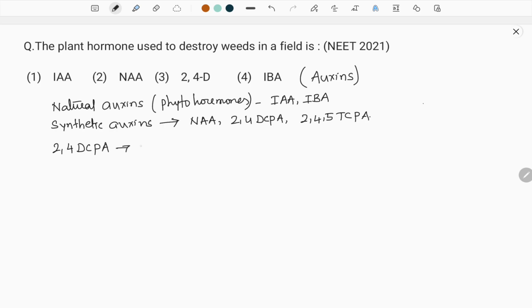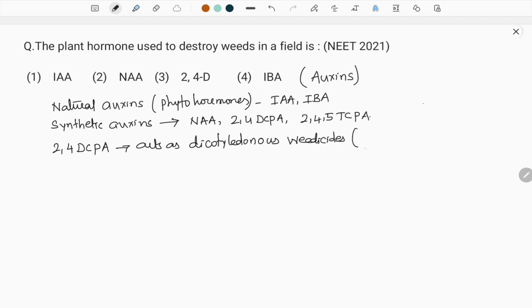2,4-D acts as a dicotyledonous weedicide. That means it kills only dicots.